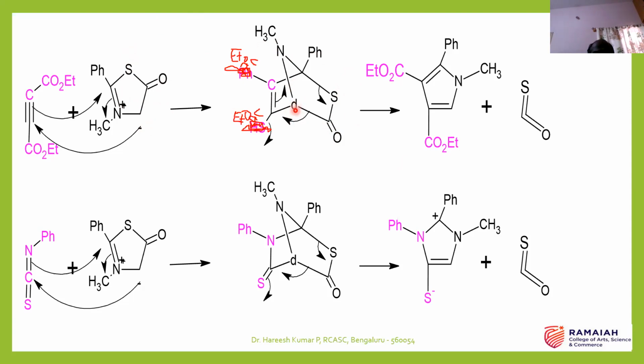Is it a D or carbon? It should be a carbon. Okay, don't take it as a D. You can write it as a carbon. Okay, right. So then what will happen here?